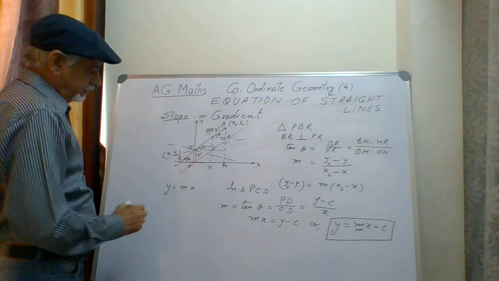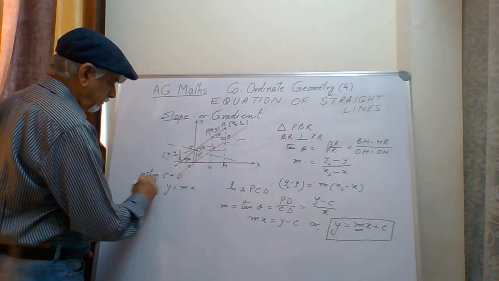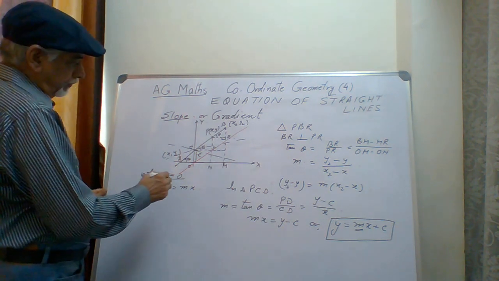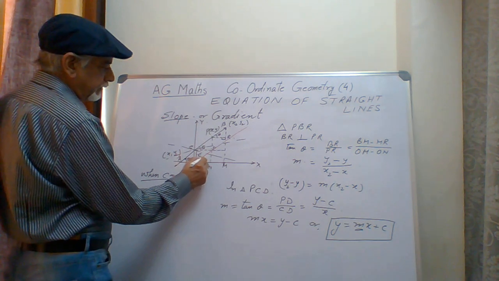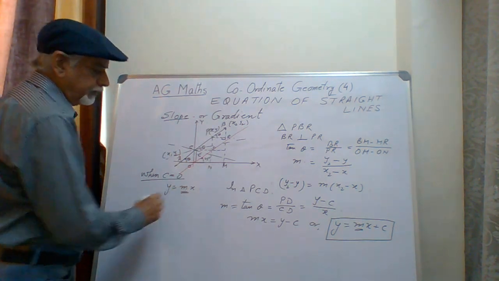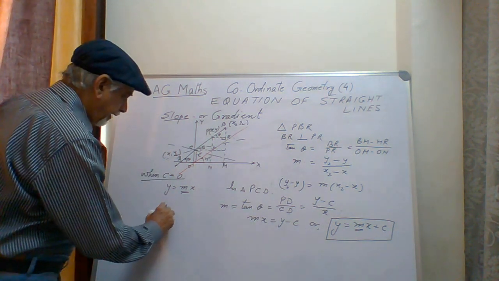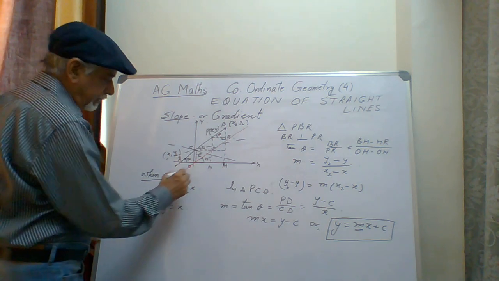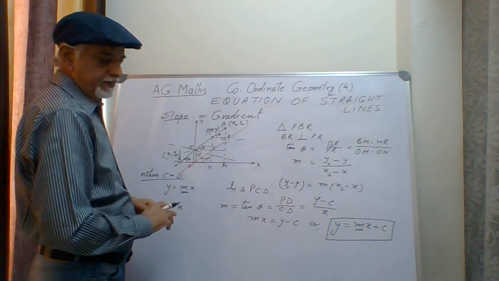One more thing, when c is 0, if the m value is 45 degree, suppose this angle is just 45 degree, then what will happen? M will become tan of 45 degree, which is equal to 1. So we can say y is equal to x. That is the line passing through origin and equally inclined to the x and y axis.